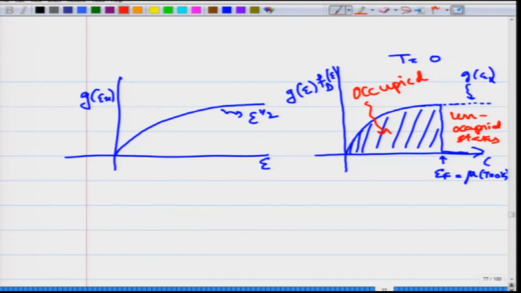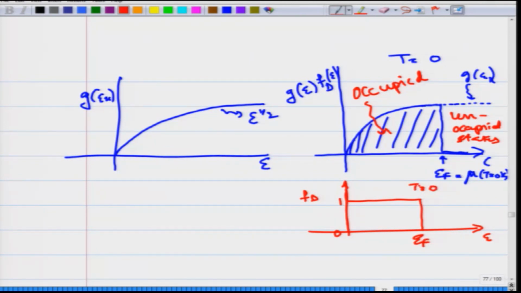And the reason why this happens is because, if you recall, you are taking a product of this function, which is proportional to E raised to half, with the Fermi Dirac distribution as a function of energy. At T equal to 0, this goes from a value 1 to 0 at E_F. So, if you take the product of these two functions, you land up with this function, which gives you the density of occupied states.